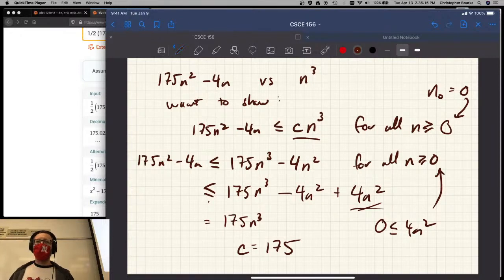This trick would have still worked. It's just I get another number, c being 183 because it's my favorite number, greater than 175. It doesn't matter. Making it bigger doesn't matter as long as you don't make it too big, like 1 million n to the 50.